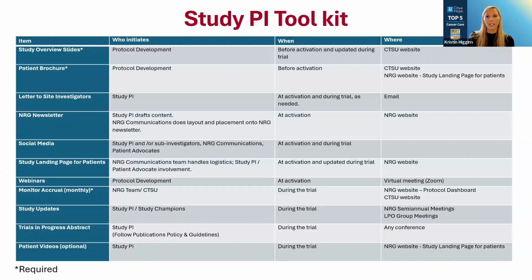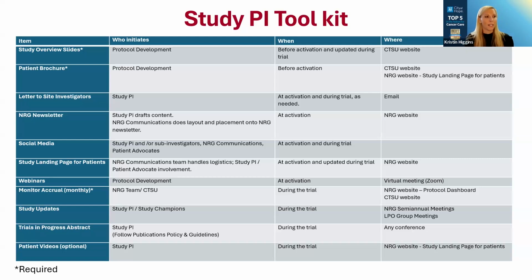And so here is kind of the meat of what the PI toolkit is. So you can see it's composed of several different tools. The first one is a study overview slide set that is created by NRG Oncology headquarters with the PI input. This lives on the CTSU website, is important to just educate people about the nuts and bolts of the trial.